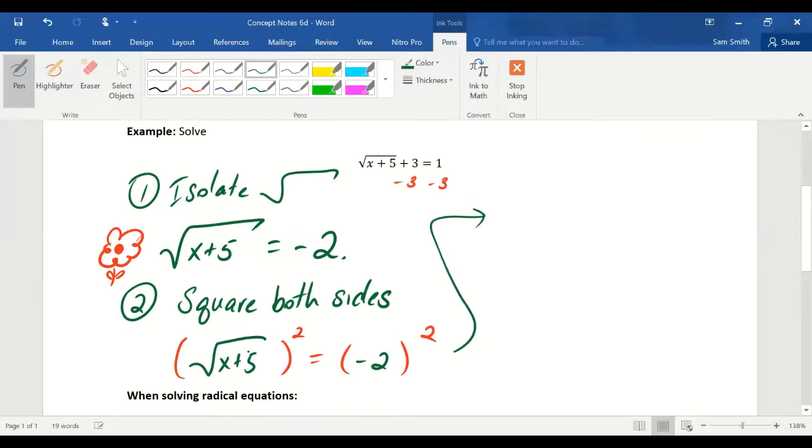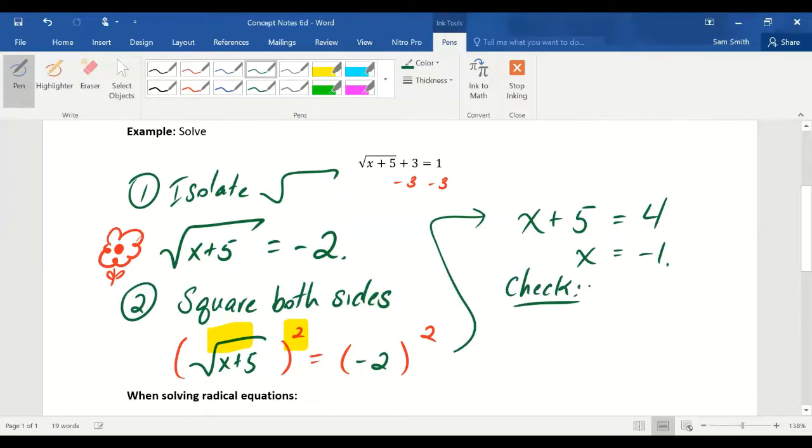The square and square root cancel each other out, and what's left behind is the radicand, x plus 5. Negative 2 times negative 2 becomes positive 4 on the right-hand side, and after subtracting 5 from both sides, we get negative 1. Now, this seems like a perfectly good solution, but let's check this.